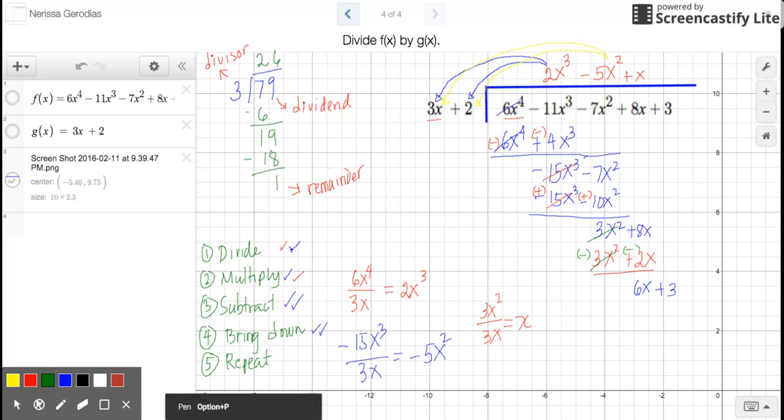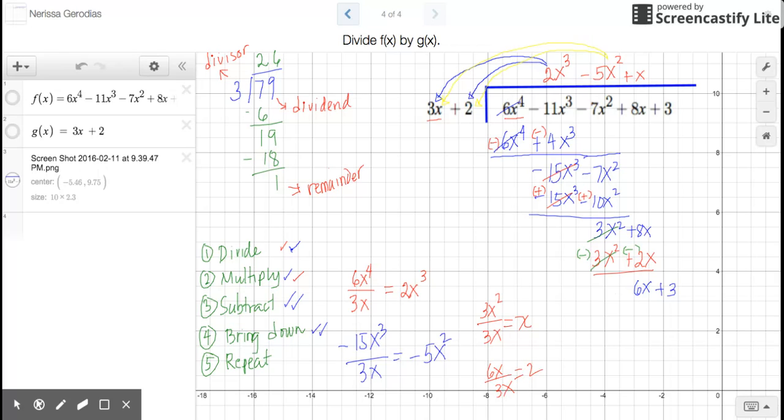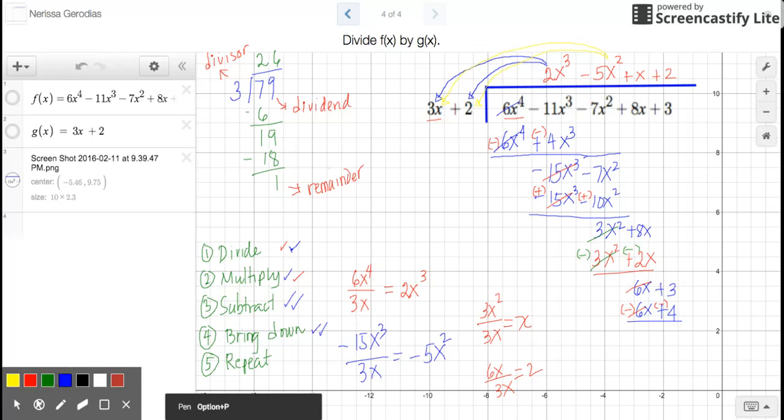Now we divide again. 6x divided by 3x is equal to 2. So we put here plus 2. Now we multiply again. 2 times 3x is 6x. 2 times 2 is positive 4. We are going to add the opposite. So now we're going to get 0 here. And 3 minus 4 is negative 1.